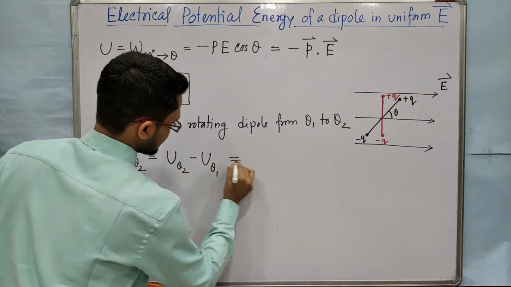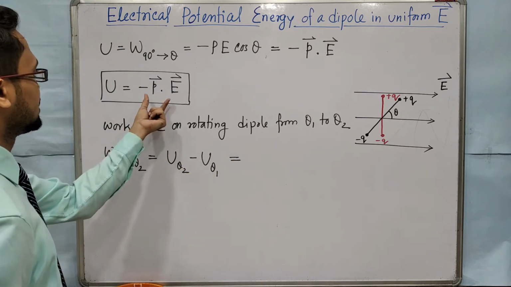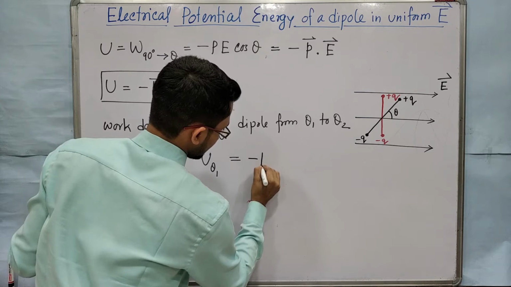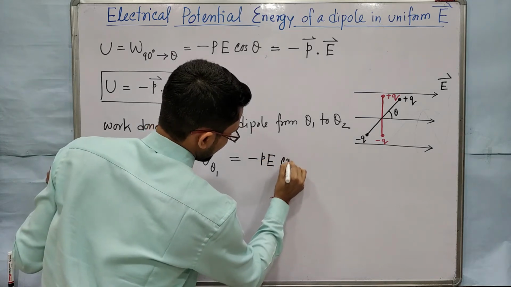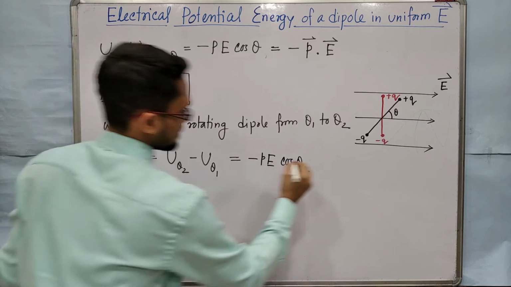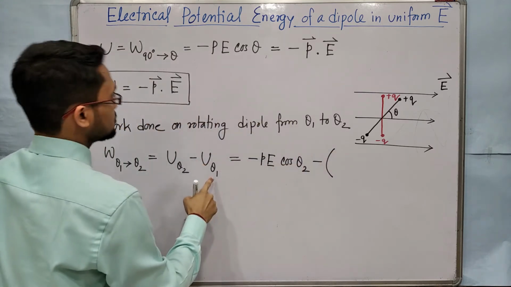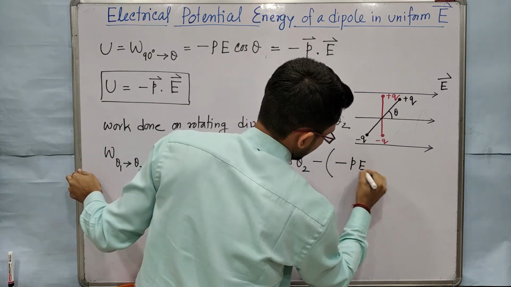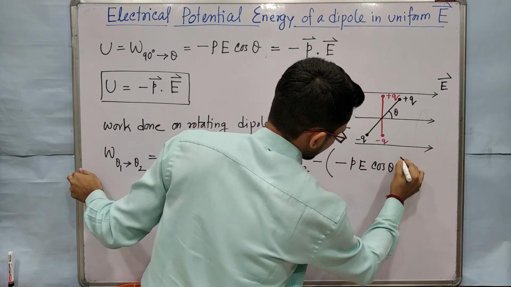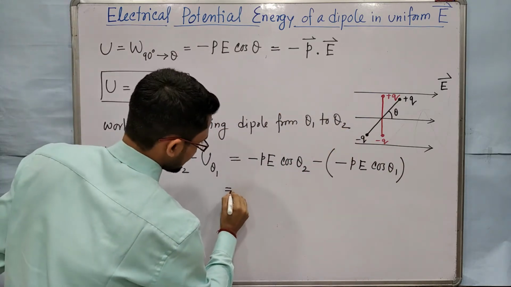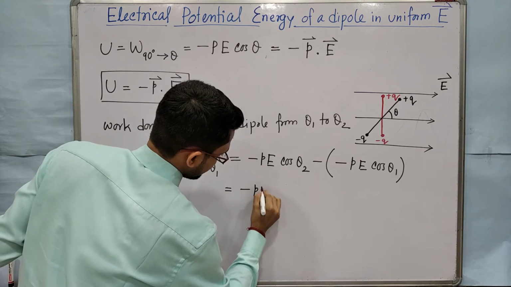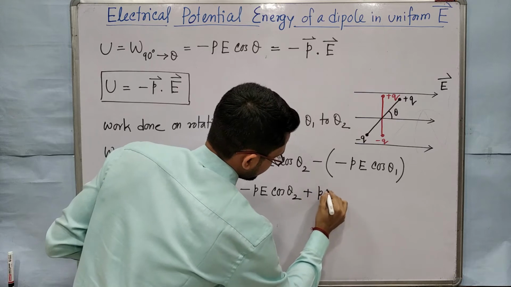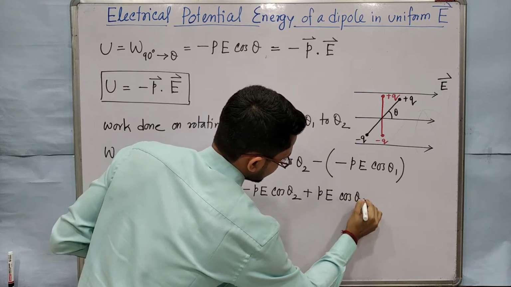Understand? Now U theta 2 means minus P dot E, so minus PE cos theta 2, then minus U theta 1, which is minus PE cos theta 1. Now we can write it like this: minus PE cos theta 2 plus PE cos theta 1.